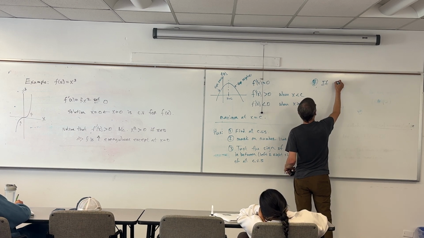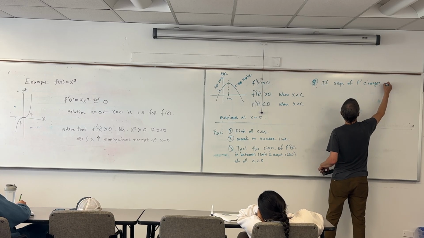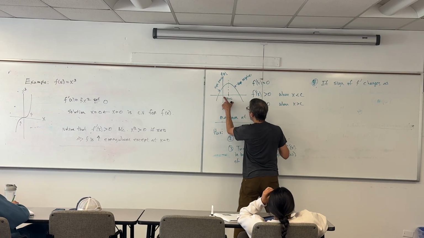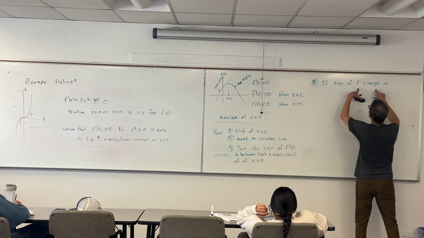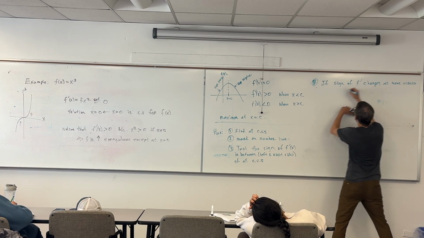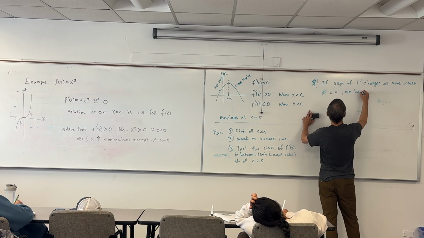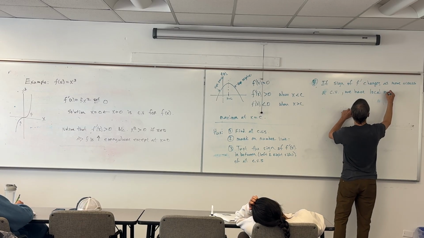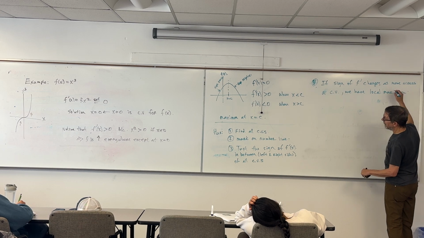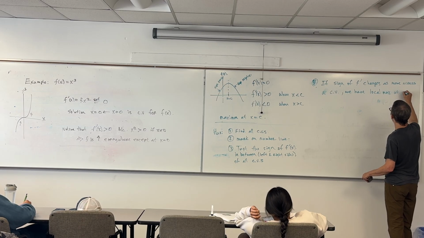If the sign of f prime changes as we move from left to right across a critical value, just like here, where it moved from plus to minus, if the sign of f prime changes as we move across a critical value, we have a maximum, a local maximum at the critical value. Let's just say that. Local max at the critical value.